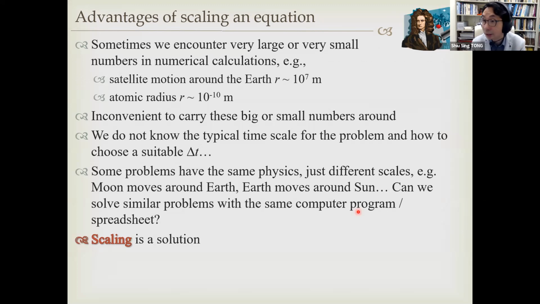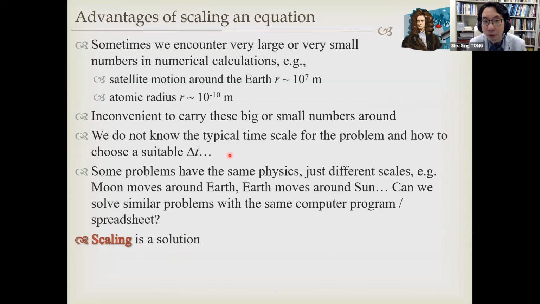They are actually the same problem, okay? But the only difference is that the mass of the Earth is very different from the mass of the sun, and so on. So we actually encounter very similar problems, but just with different scale in the mass and different scale in the time. So can we solve all these problems together instead of doing it one by one?